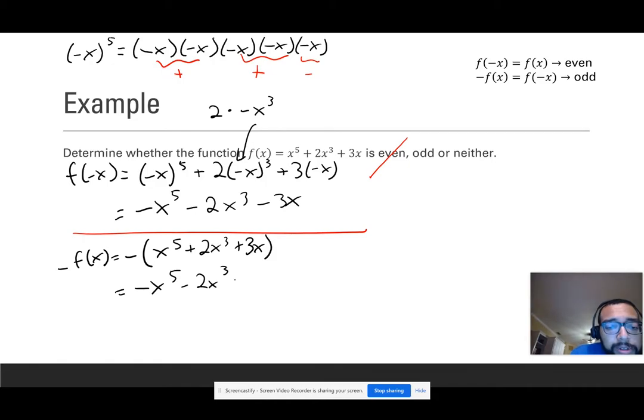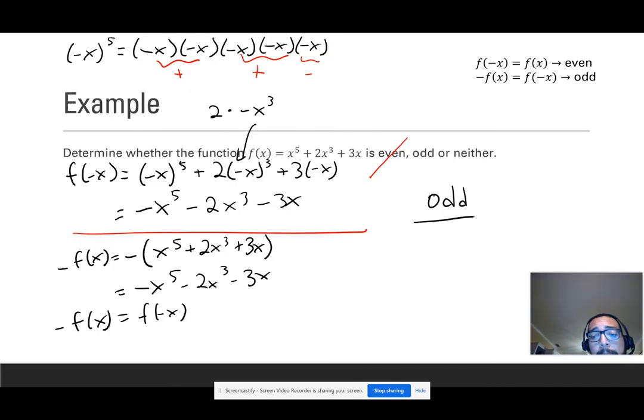So just switch your signs, and hey, this is the same thing as what's up here, isn't it? And up here was f of negative x. So this is saying that that is f of negative x. So that means we actually have an odd function.